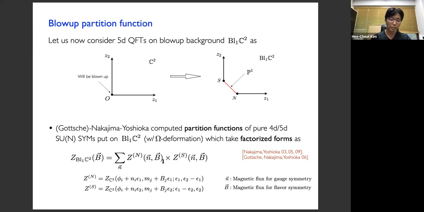These two partition functions are actually partition functions localized near each fixed point. And it turns out that the geometry near each fixed point is also the same as the ordinary omega background. Therefore, this localized partition function also takes the form of the ordinary Nekrasov partition function. But in the presence of the magnetic flux, the parameters are shifted. Okay? So this is the blowup partition function.